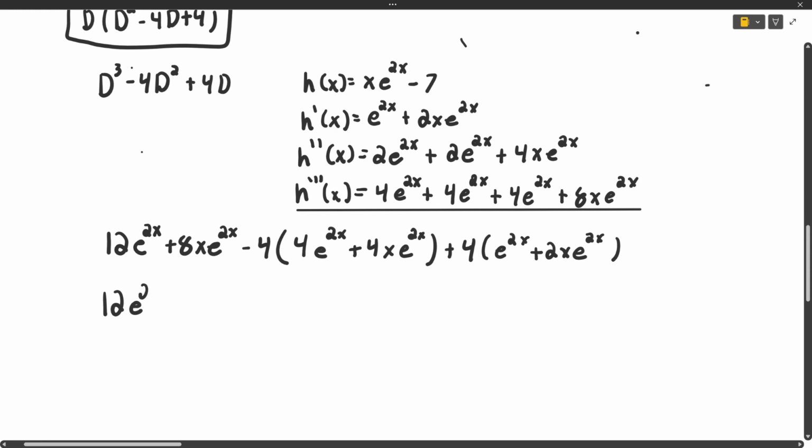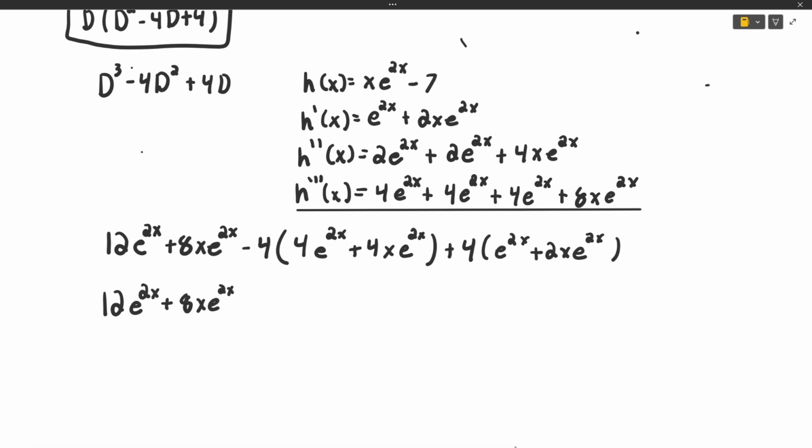We have 12, that, 8x e to the 2x minus 16 e to the 2x minus 16x e to the 2x plus 4 e to the 2x plus 8x e to the 2x.